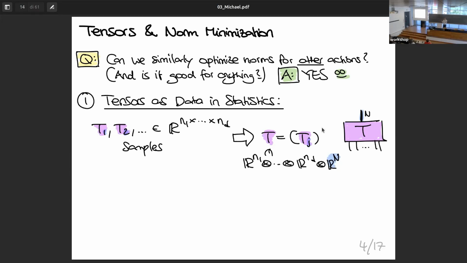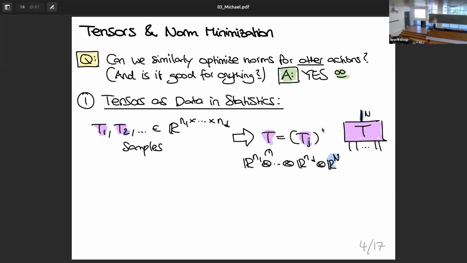It's a Gaussian model. It's an assumption a bit in the spirit of sparsity or low rank, but it's a structured model. So I'll come to that in a second. Imagine you have a bunch of samples, tensor variate samples, T1, T2, and so on. Then, of course, you can collect them into a big tensor tuple. Even if P is 2, that's interesting, because now it's a tuple of matrices, not a single matrix anymore.